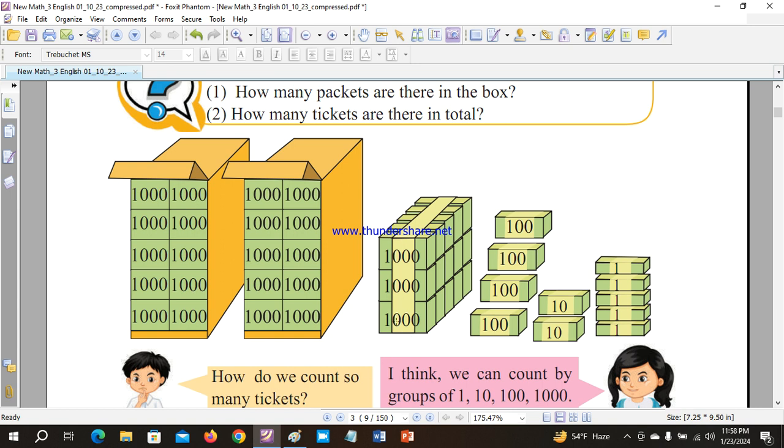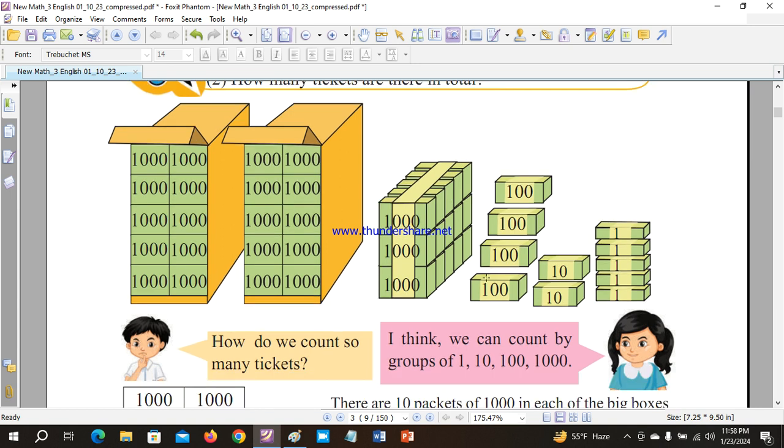And here, 3 packets of thousands tickets, and here 4 packets of hundreds, and here 2 packets of 10 tickets, and here only 1, 2, 3, 4, 5 tickets.